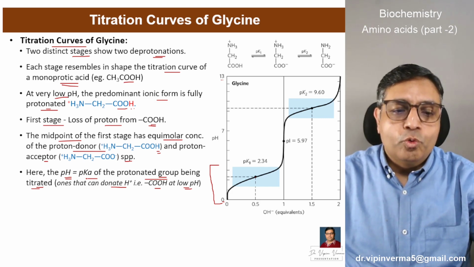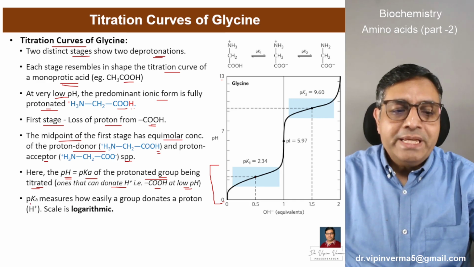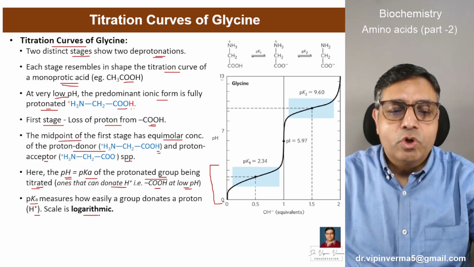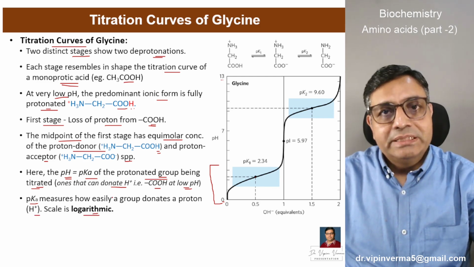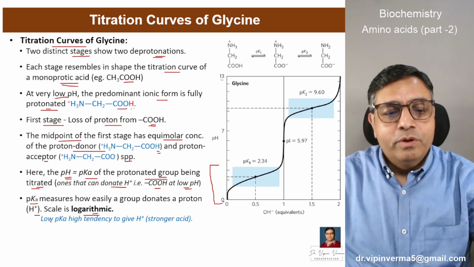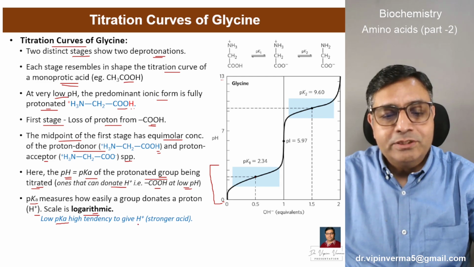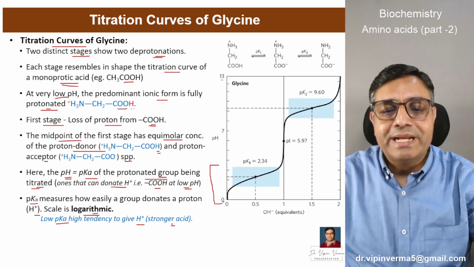Now, for those who don't know what pKa is, pKa is the measure of how easily a group donates a proton, and the scale is logarithmic like the pH scale. When we see a low pKa, it has a high tendency to give the proton, so it is a stronger acid.